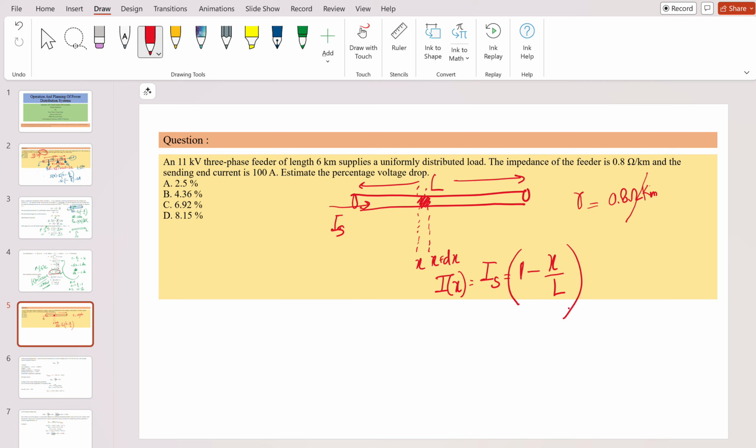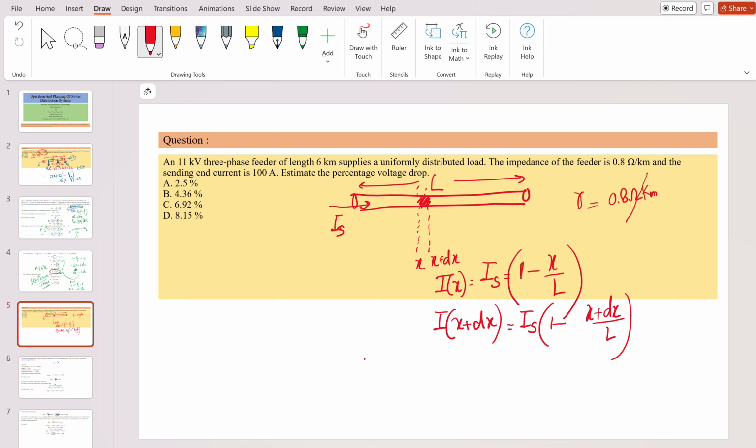This is the current flowing across the distance x. The current flowing at the x plus dx distance will simply be Is(1 - (x + dx)/L).